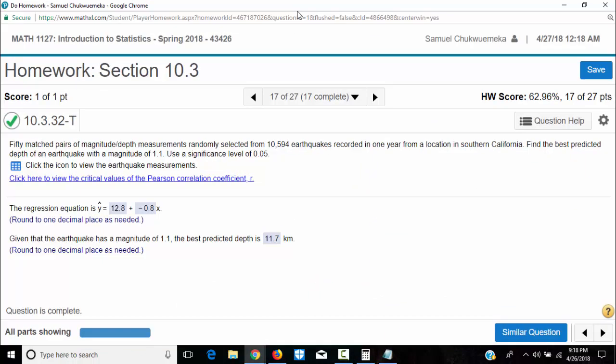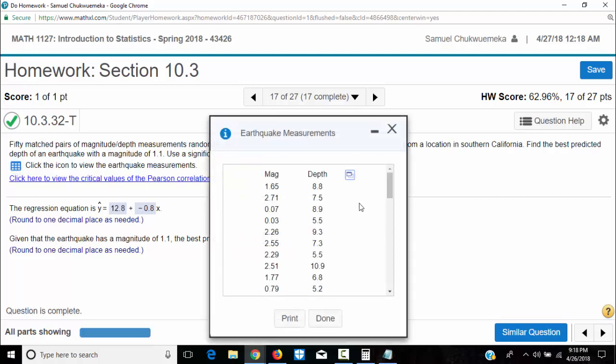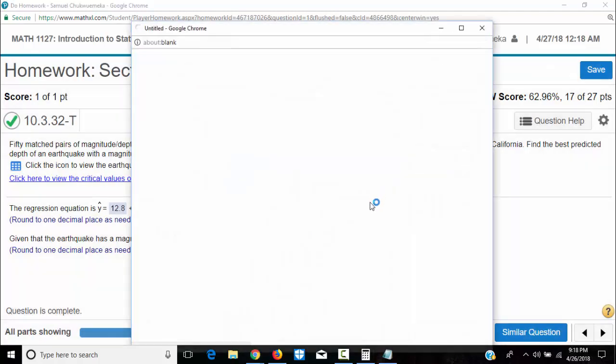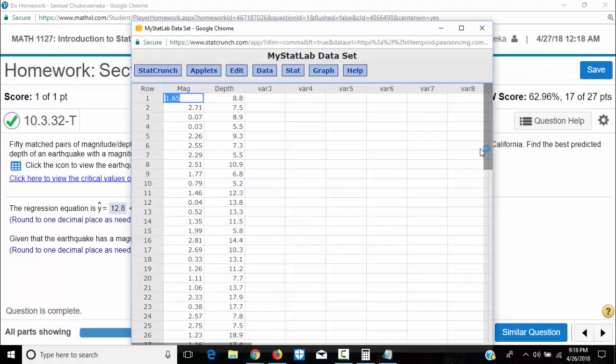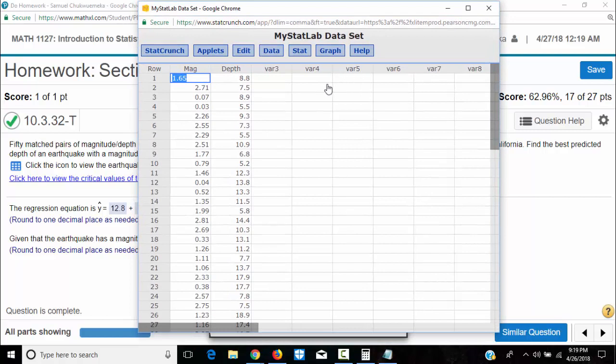All right, another thing you can do is this. Go to Statcrunch, open in Statcrunch, because when there is no linear relationship, then the best predicted y for any value of x is the mean of the sample of the response variable, the mean of the values of y.